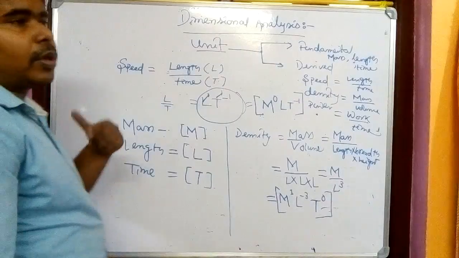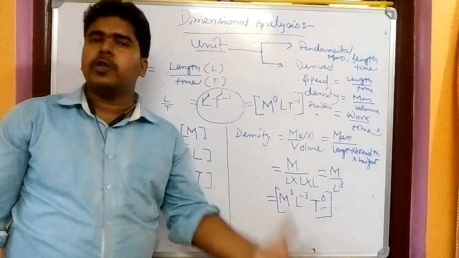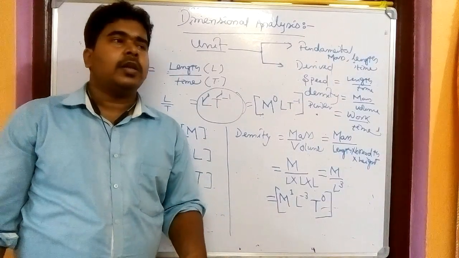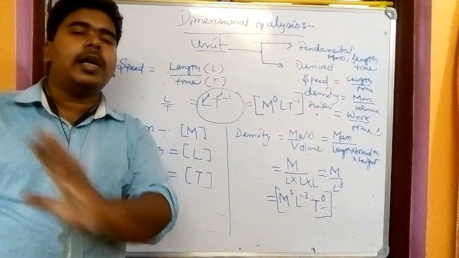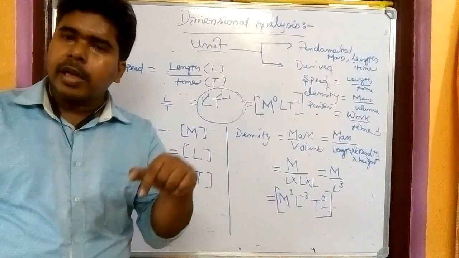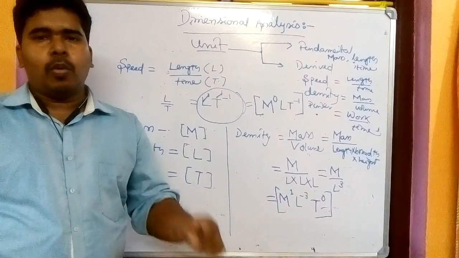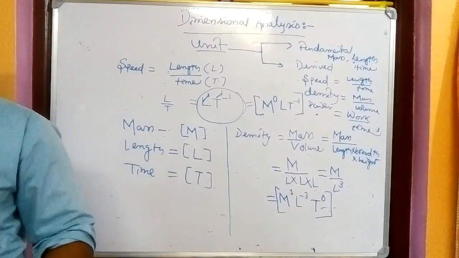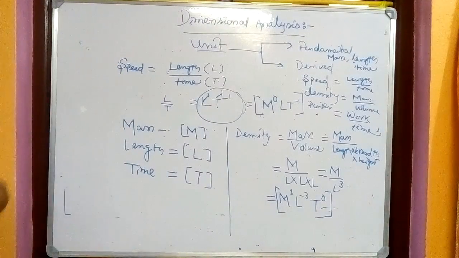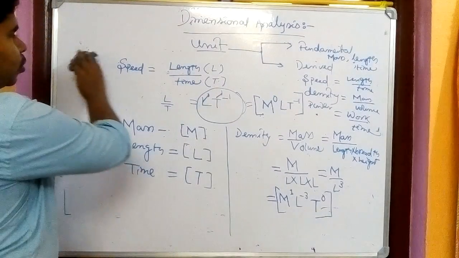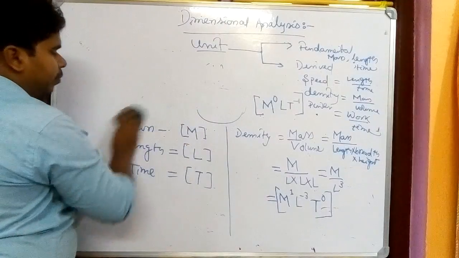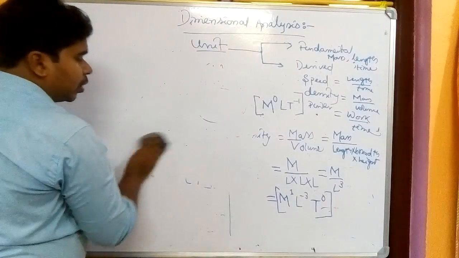No need to go for surface tension, no need to go for viscosity now, because you have not learned those physical quantities till now. You will learn them in class 11. Whenever you learn the equation for it, it is much easier for you to understand. Otherwise you have to memorize all the time, and that one I don't like.